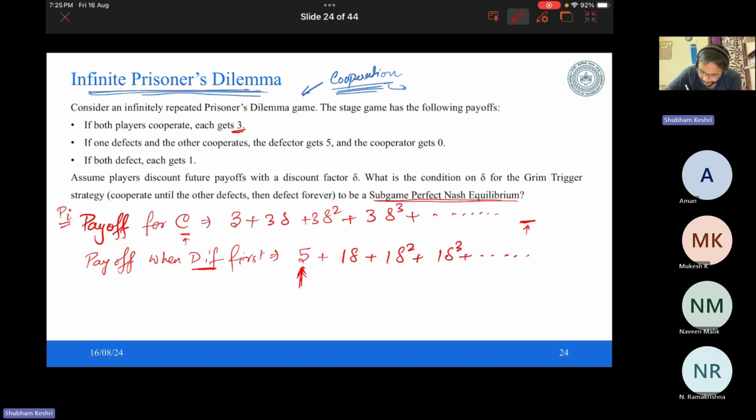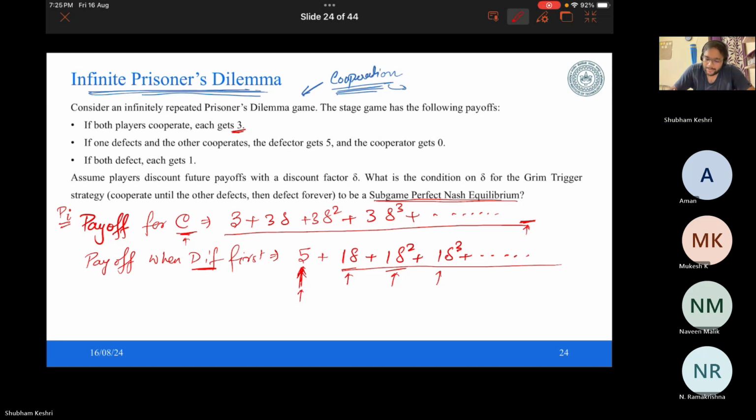Because he is defecting, the next time both the players will defect. And this will be the utility for infinite horizon. So this is the utility when both are cooperating. This is the utility when he has played D and then both are defecting. So this is what grim strategy is. Cooperate for some number of periods until the other defects and then defect forever.